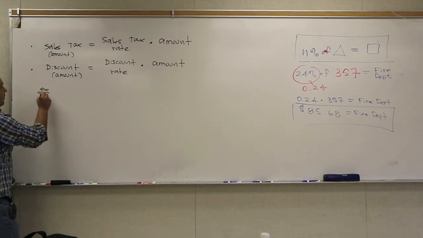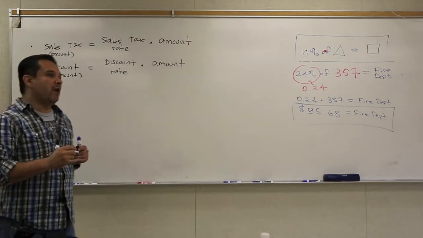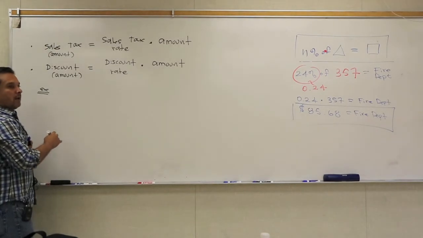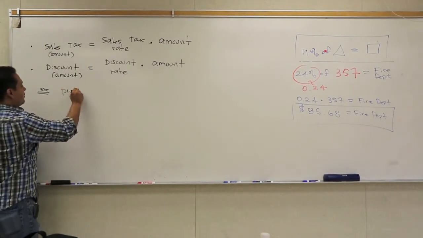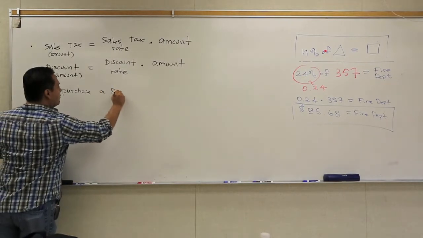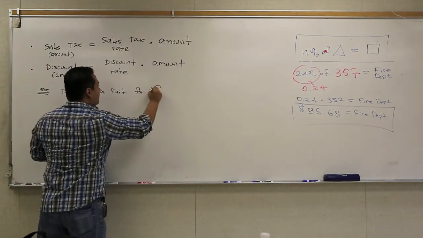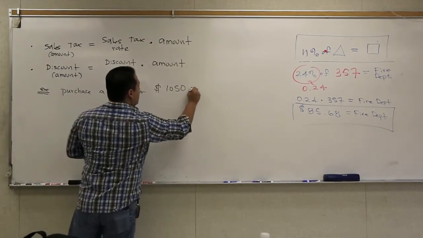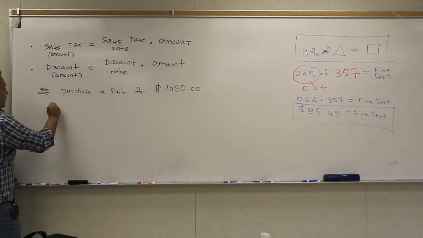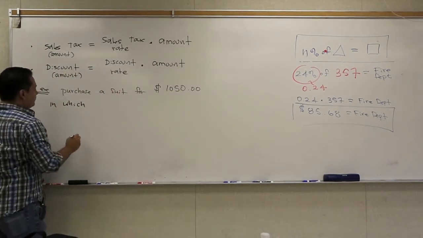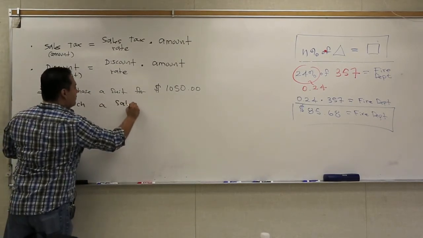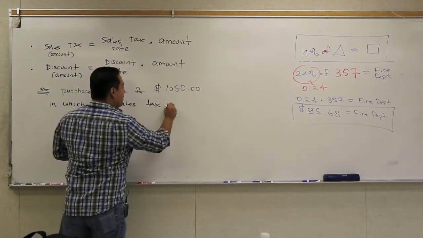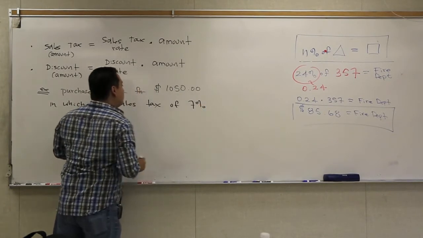Yesterday, let's say, for example, you purchase a suit for $1,050, in which a sales tax rate, and they don't always say rate, they may just say sales tax, of 7% is applied.